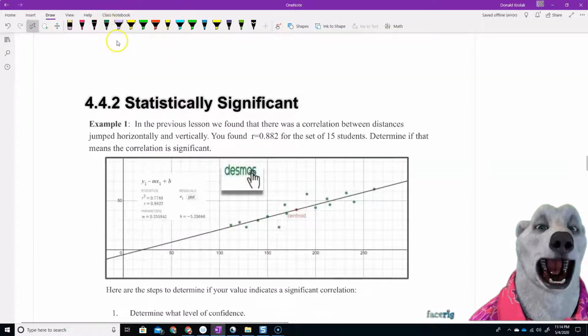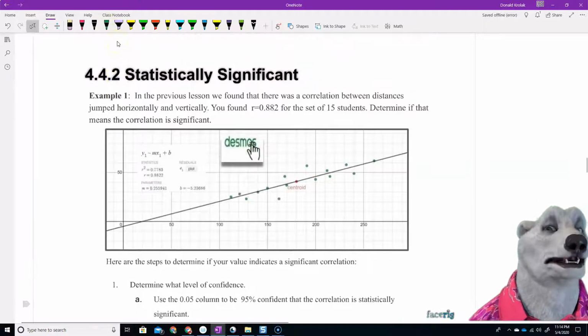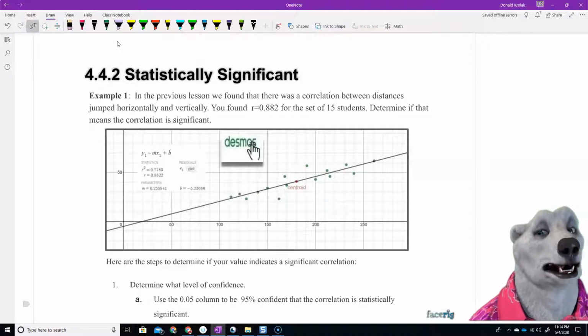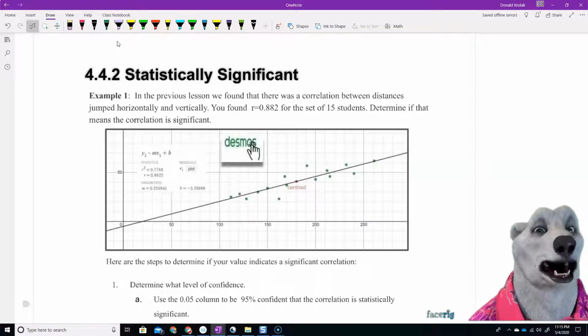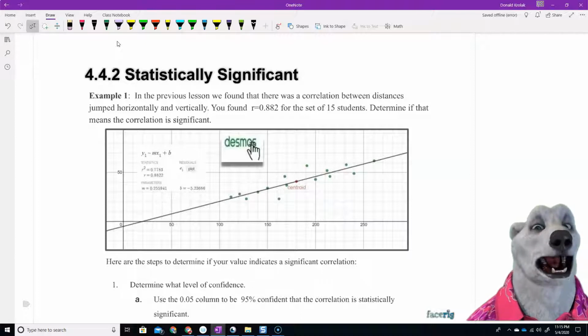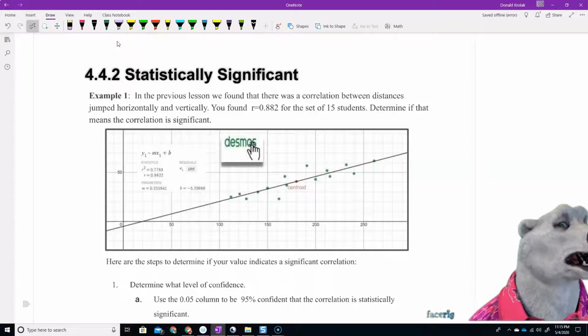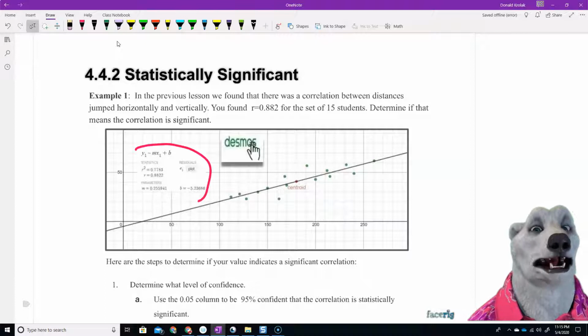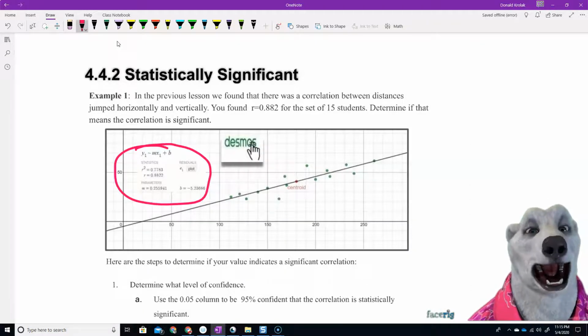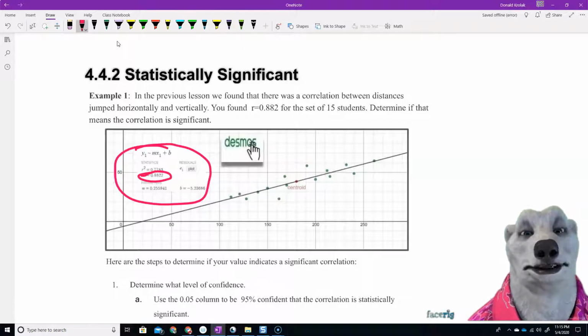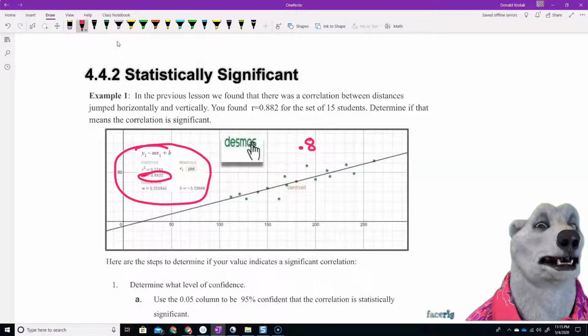All right. So here's an example. The other day we were doing a prediction between how far you could jump horizontally compared to vertically. Here was the graph that we got, and here's the data that we got. Our Pearson number was 0.822.